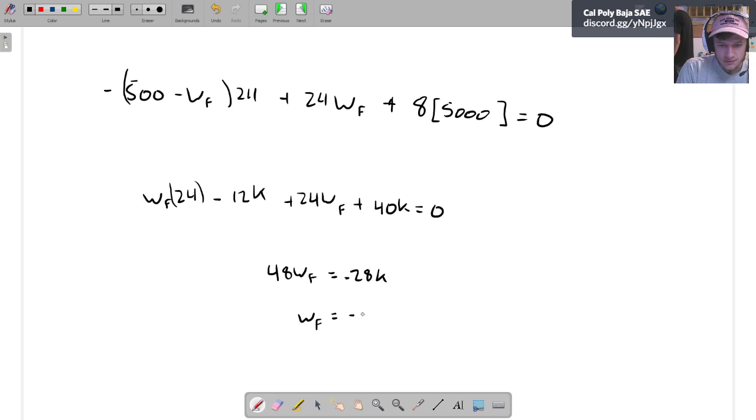minus 28 over 48. So whatever that number is. 28 over 48 is 583. So the force at wheel F is minus 583 pounds.